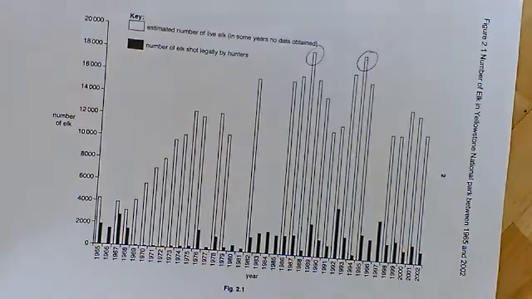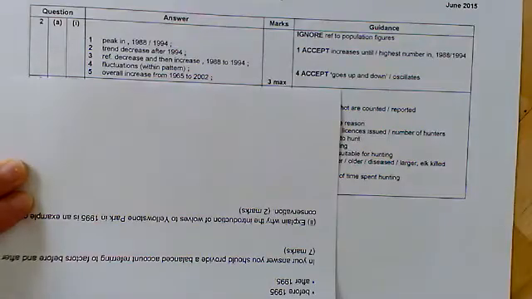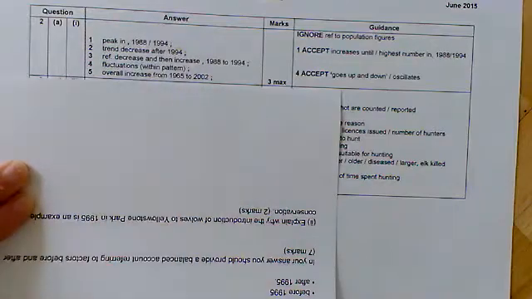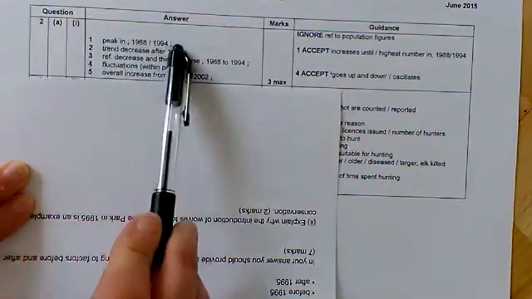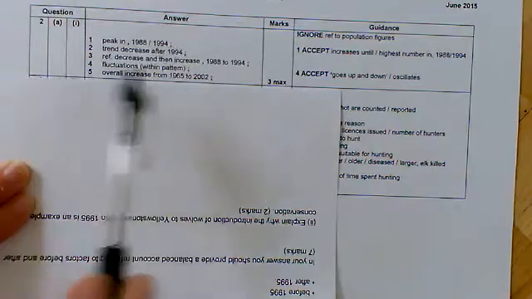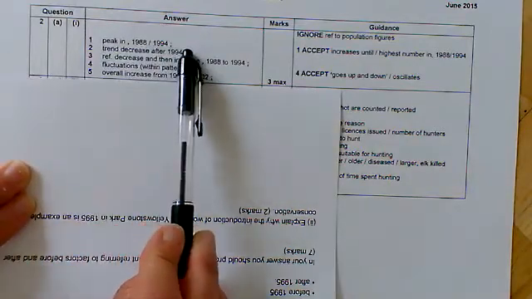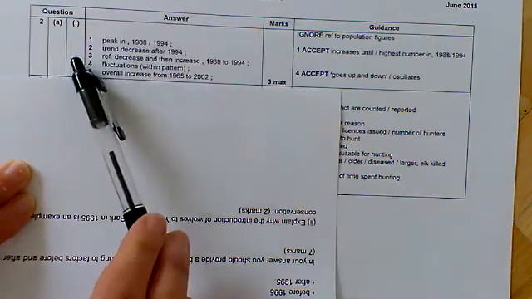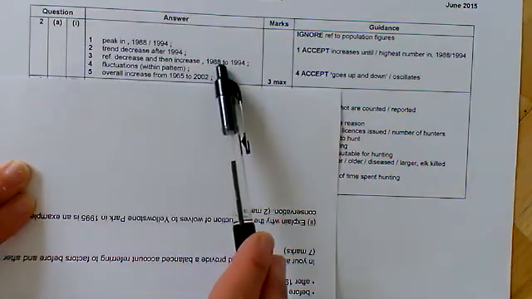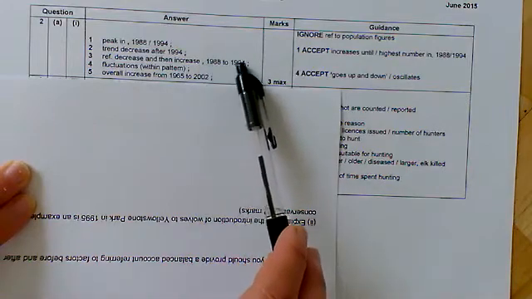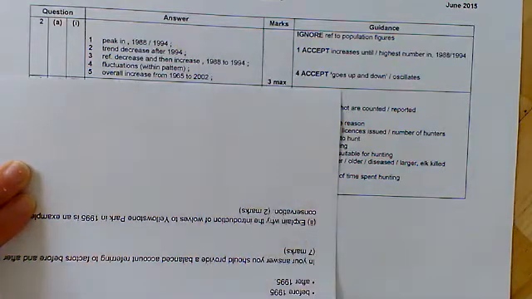and the overall trend. I'll just show you these broken down mark points. We've talked through them all, but there you can see 1 mark for picking out the peak points, and then the fact that we get a decrease after that 1994 value. The overall concept that we've got decrease and then increase between 1988 and 1994.